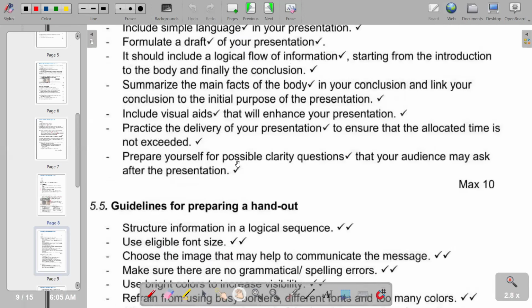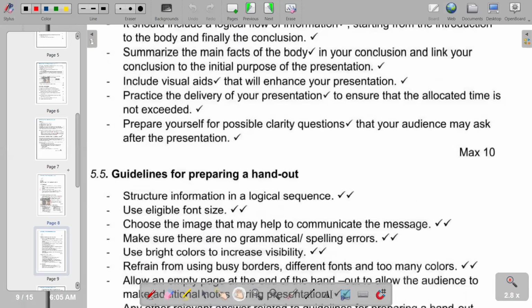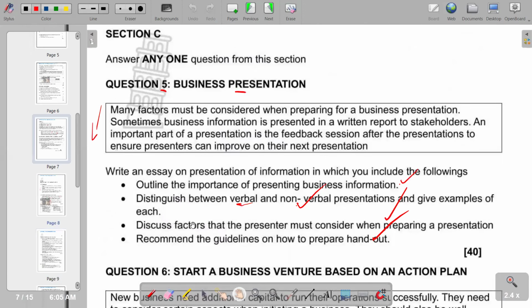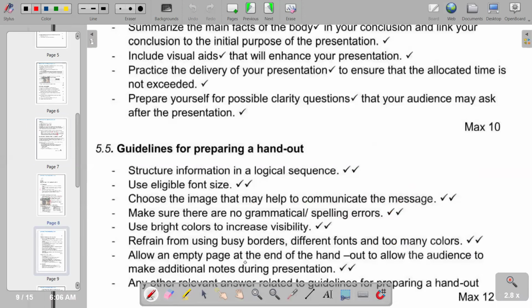And of course, on the next part now, which is going to be the additional part, it says recommend the guidelines on how to prepare a handout. So what are the guidelines for preparing handouts?